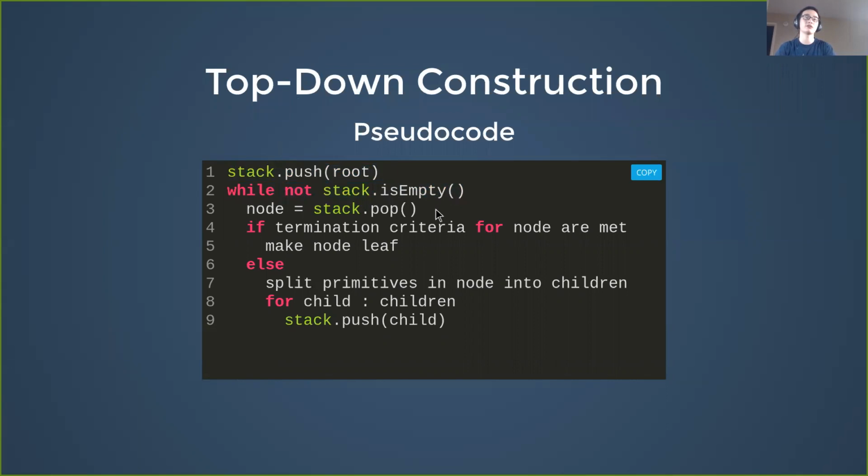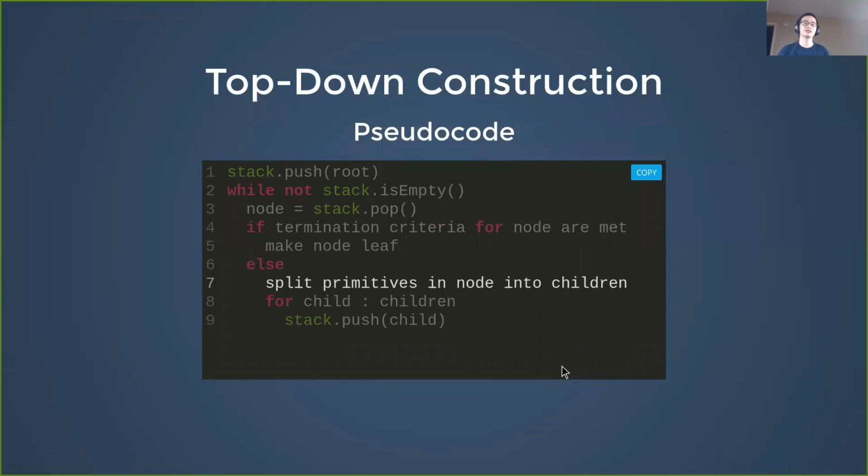If it's not empty, we pop the current node to process. If the current node is a leaf, then we just make a leaf. Otherwise, we split the primitives into children and then put the children into the stack.